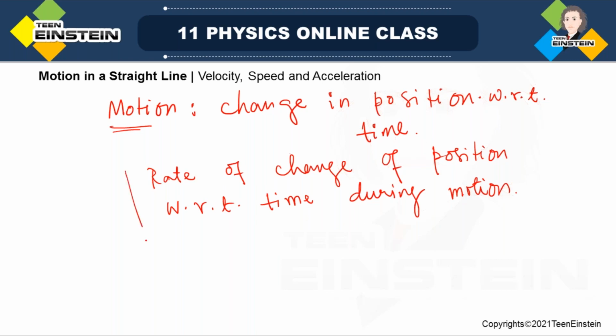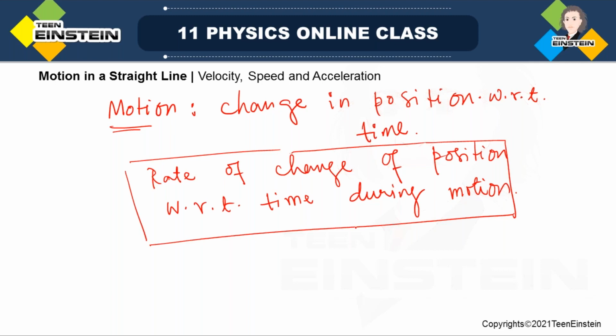So to get this information, what is the rate of change of position with respect to time during the motion?